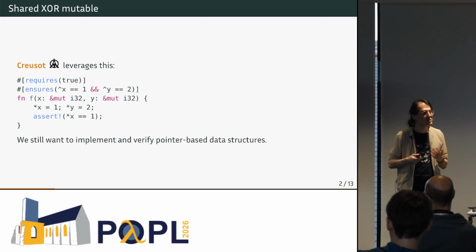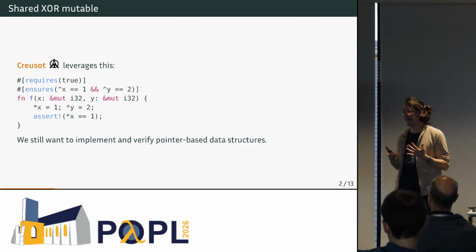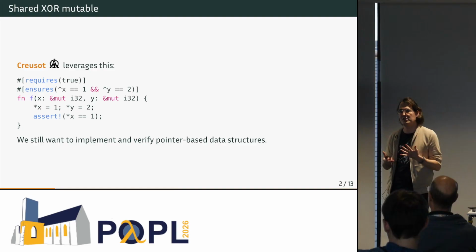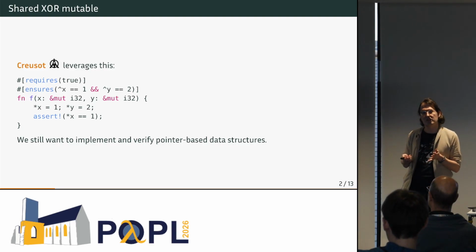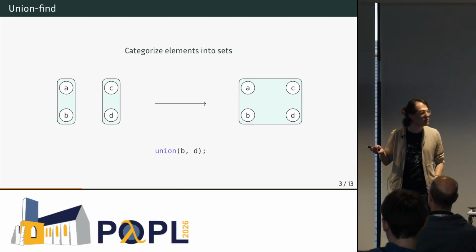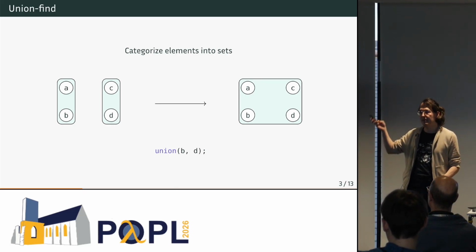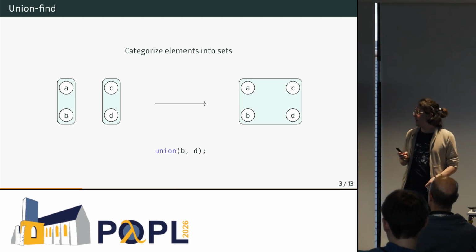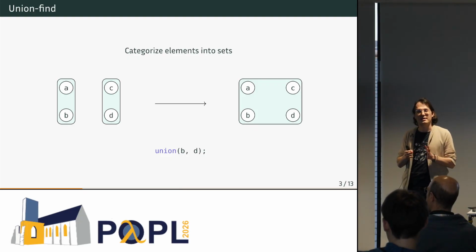But sometimes we do want to verify structures that are more complicated than that and do use shared mutation with, for example, raw pointers. An example of such a structure would be union-find. In union-find, you categorize elements into sets. So for example, here we have A, B, C, and D that are originally in two sets. And you can do some union operation on elements to merge their sets together.